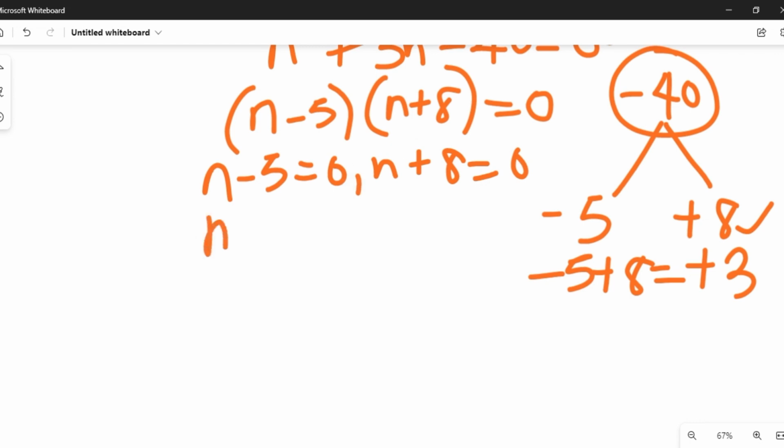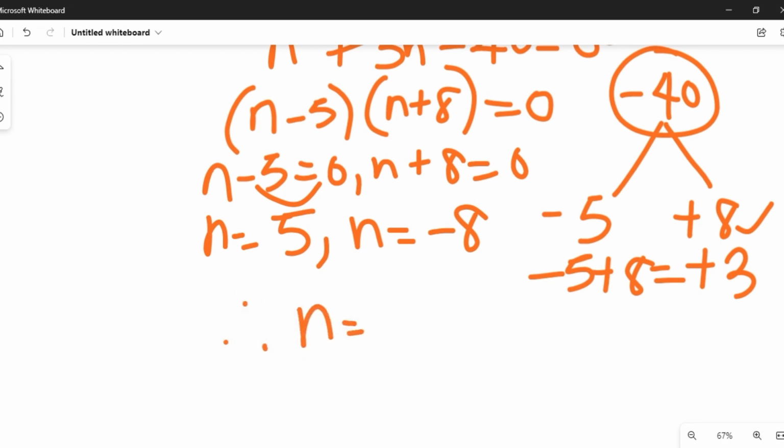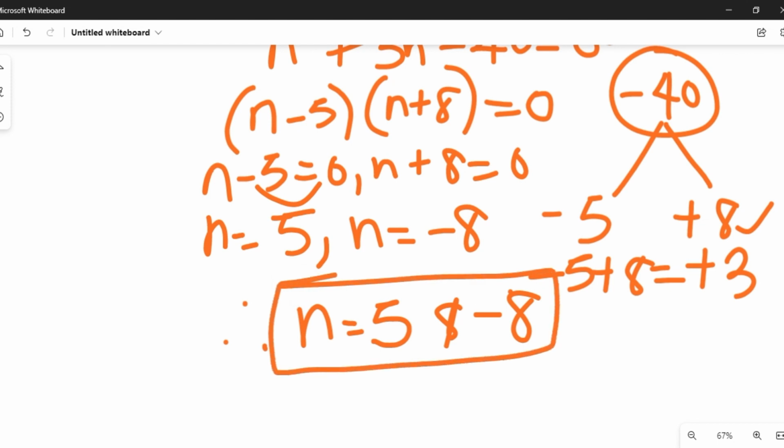So our n here will be equal to 5, and our n here will be equal to minus 8. So the value of n that satisfies that equation is 5 and minus 8. This is the solution to that number base question.